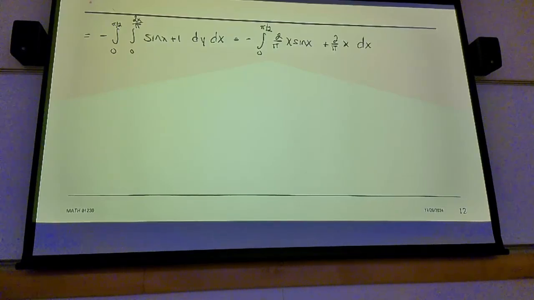How would you evaluate that integral? Integration by parts. That'd be broken up into 2 integrals. First one requires integration by parts. Second one is easy.